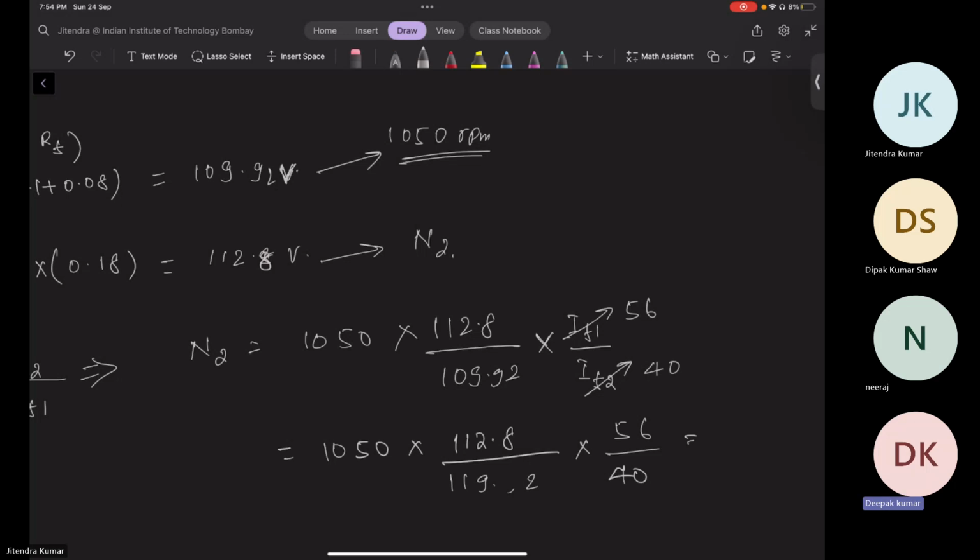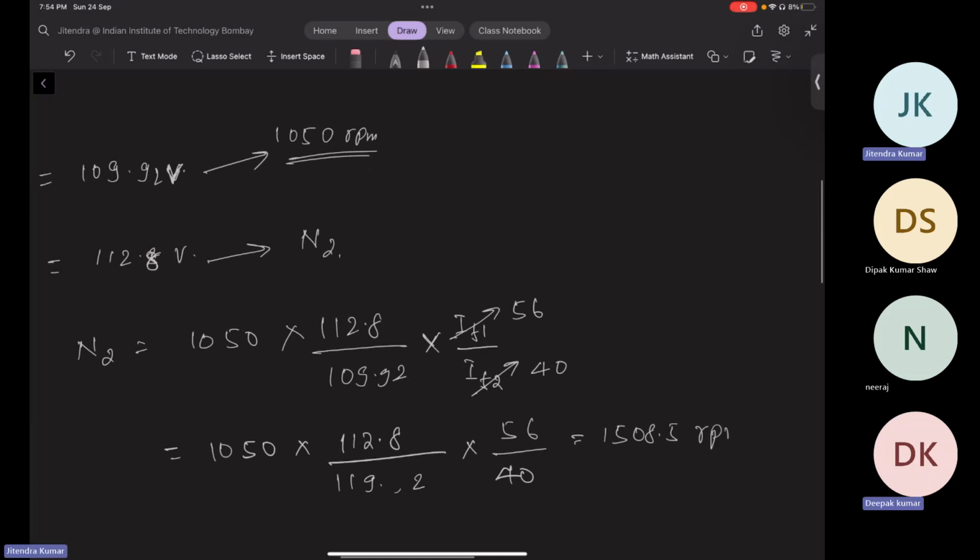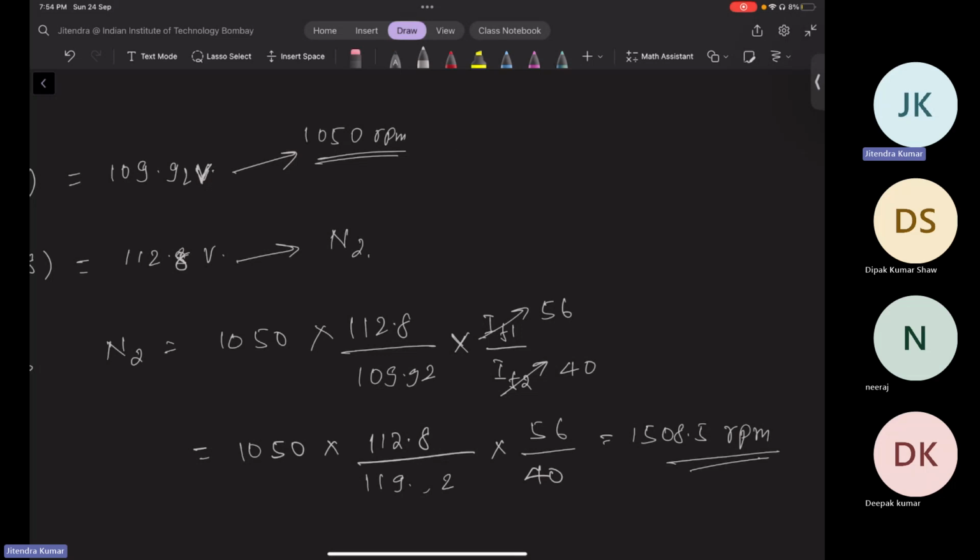Sir, speed is coming 1508.5. It is increasing. Yeah. Since we have reduced the load, the speed should increase. That is fine, right?